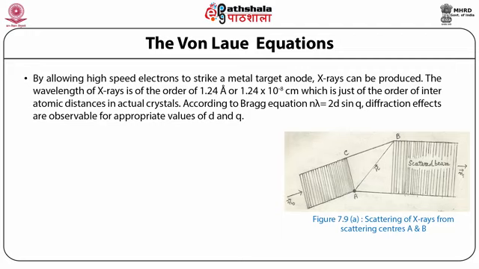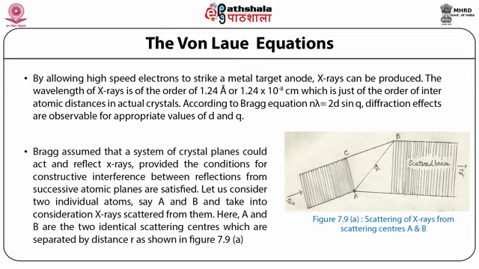According to the Bragg equation, n lambda is equal to 2d sin theta, diffraction effects are observable for appropriate values of d and theta. Bragg assumed that a system of crystal planes could reflect X-rays, provided the conditions for constructive interference between reflections from successive atomic planes are satisfied.